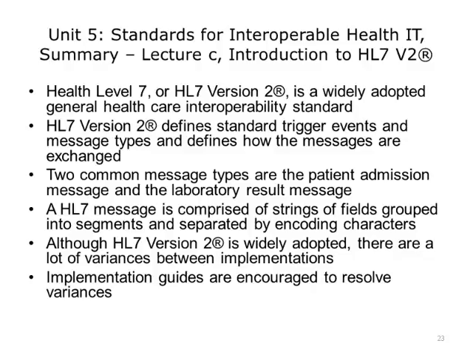Two common message types are the patient admission message and the laboratory result message. An HL7 message is comprised of strings of fields grouped into segments and separated by encoding characters. Although HL7 version 2 is widely adopted, there are a lot of variances between implementations. To help resolve this, implementation guides are encouraged.